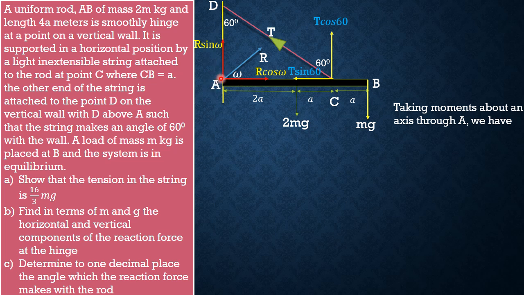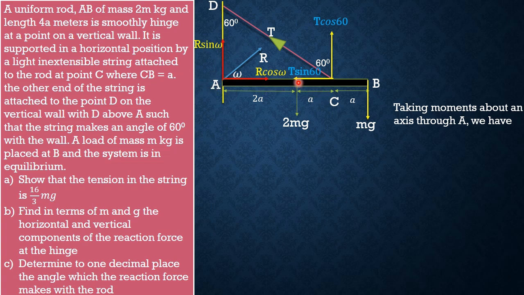By so doing, guys, if we take the moment about an axis through A, we are going to neglect all the forces acting at A, because at A we have the reaction force R, which has two components, the vertical and the horizontal component. So when we take moment about this point, we have neglected all of the forces acting at this point.